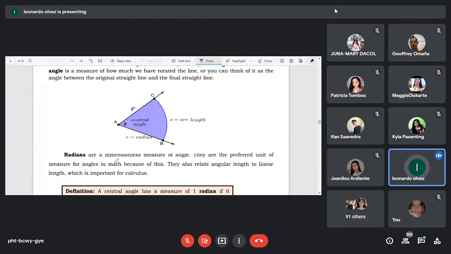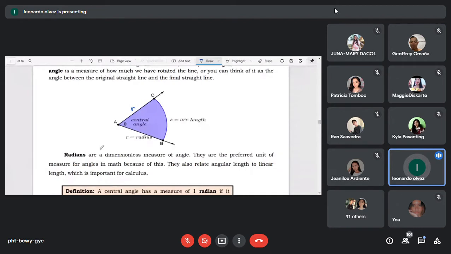Radians are a dimensionless measure of angle. They are the preferred unit of measure of angles in math because of this. They also relate angular lengths to linear lengths, which is important for calculus.